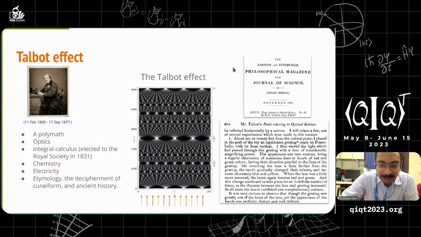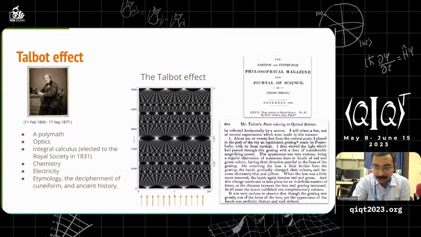In 1836, what Henry Fox Talbot did was he took a grating that was prepared by Fraunhofer and looked at light transmitted across it. And when he saw the transmitted light through a lens, he had focused the lens on the grating and then gradually moved the lens away. And what he found was alternating bands of colors that showed the image of the grating.